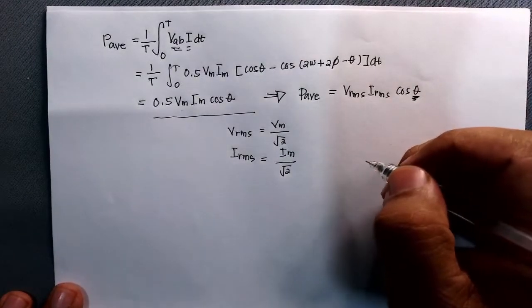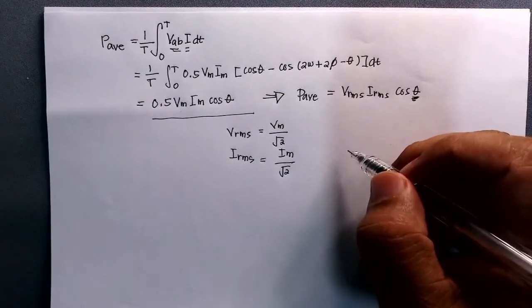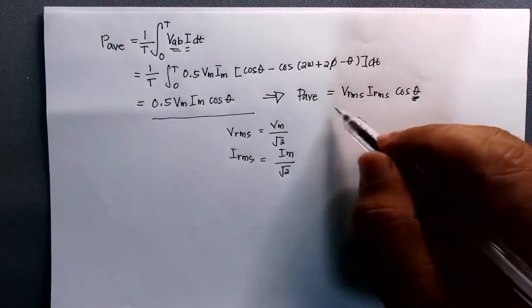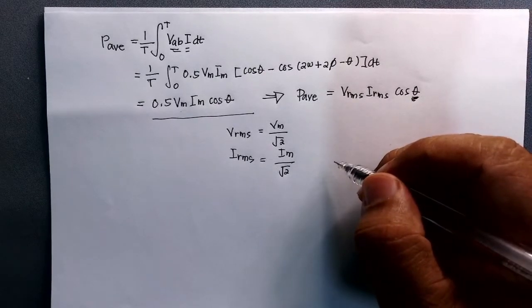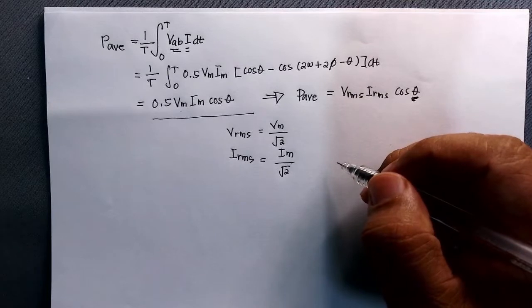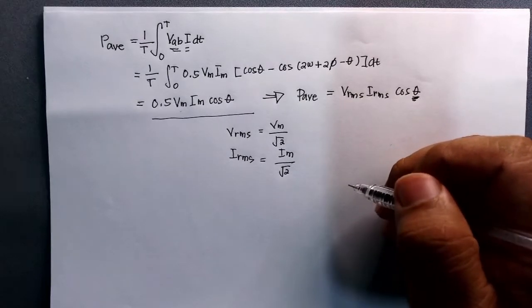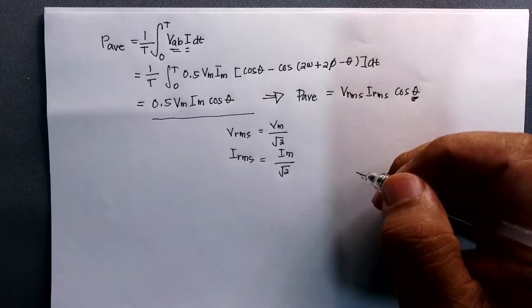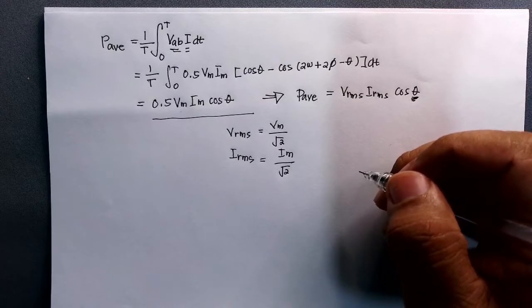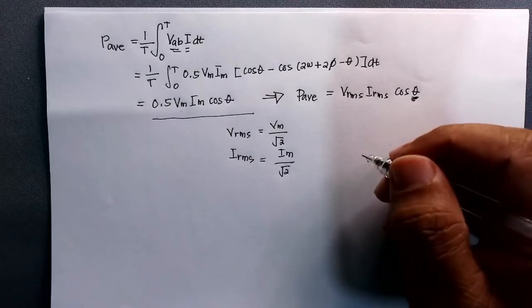Now, if you have a zero angle, that is a resistive circuit. Now, if your angle is lagging, that will be an inductive circuit. And if it is leading, that is a capacitive circuit.